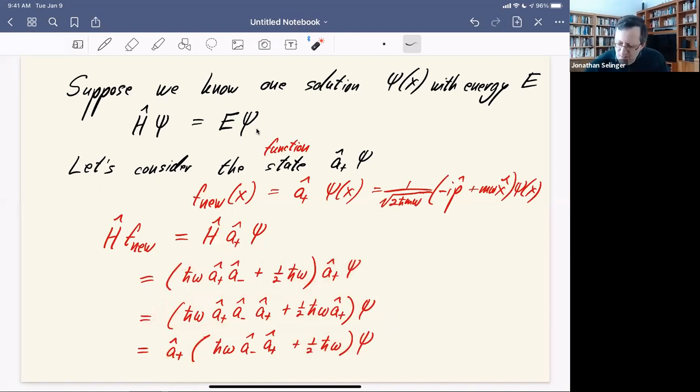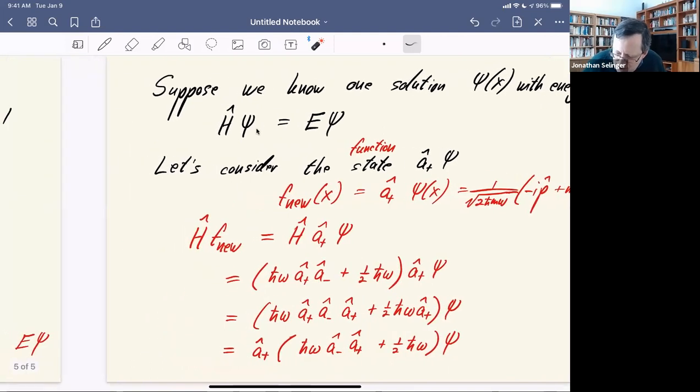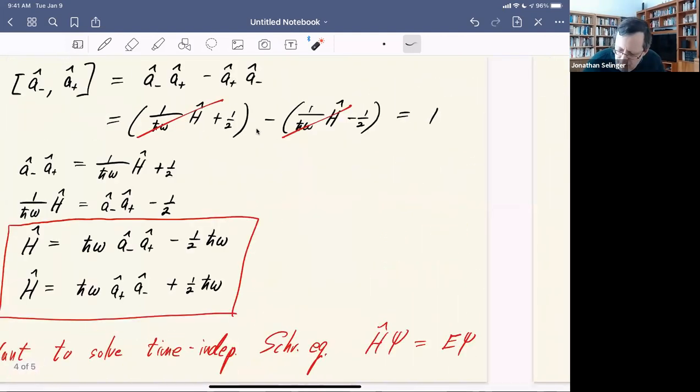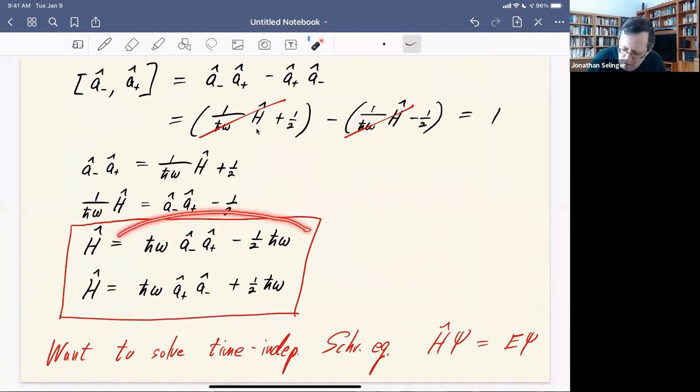Now let's look at what we have in parentheses right here. This actually looks kind of like our other expression for the Hamiltonian. Our other expression for the Hamiltonian was this thing.